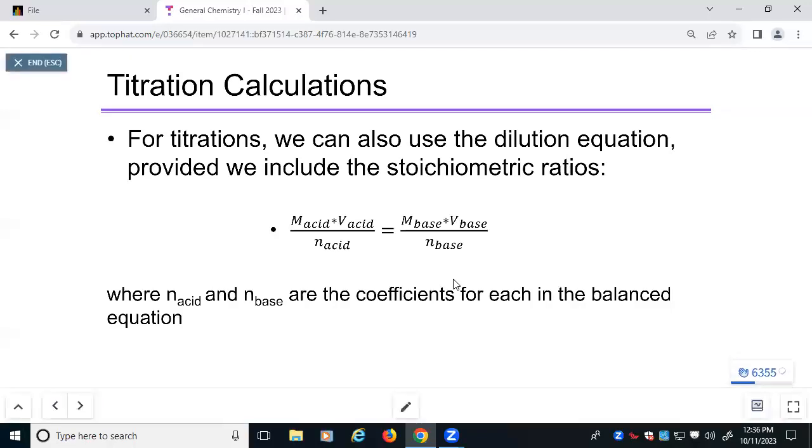Now, here's the beauty of this particular equation. We can actually modify it to our needs based upon a really simple idea.